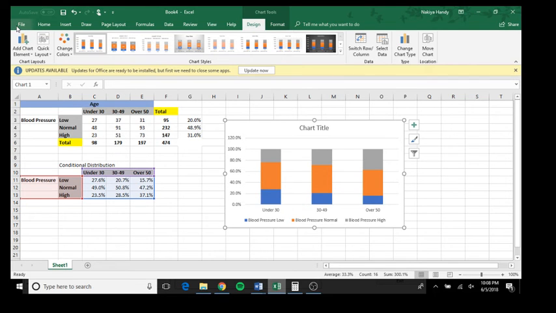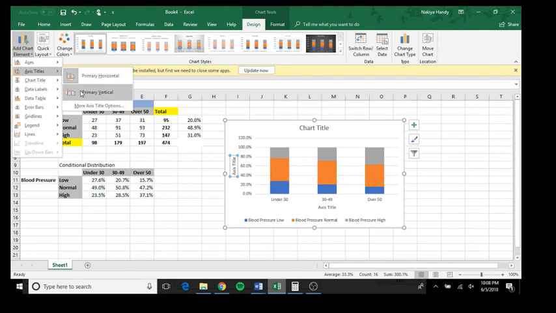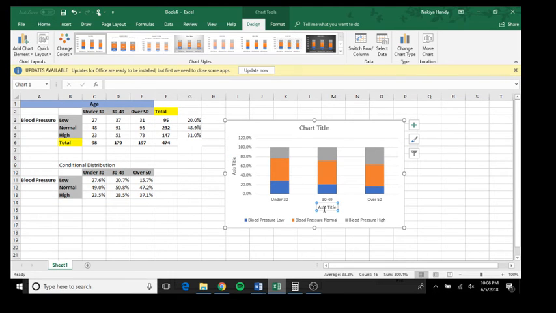And I'm going to add my titles. This is blood pressure, and this is the percentage.